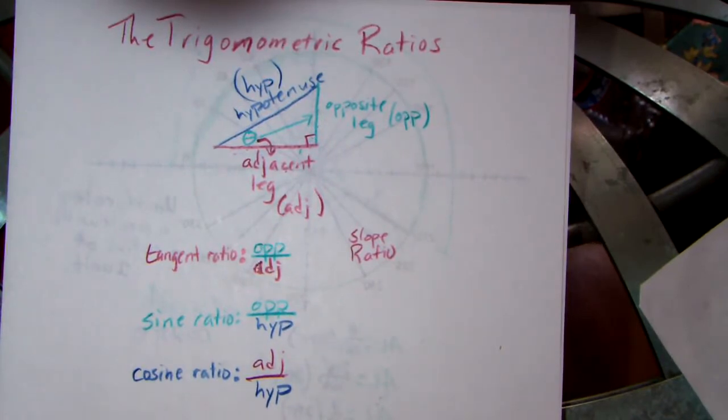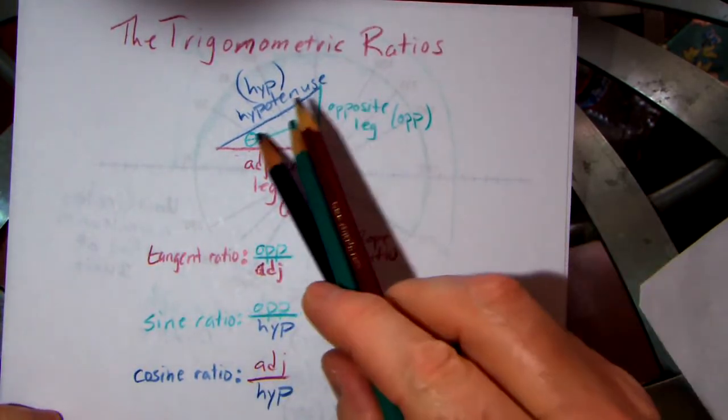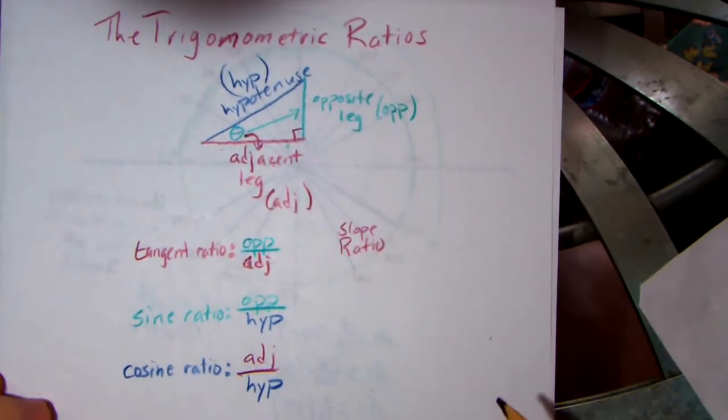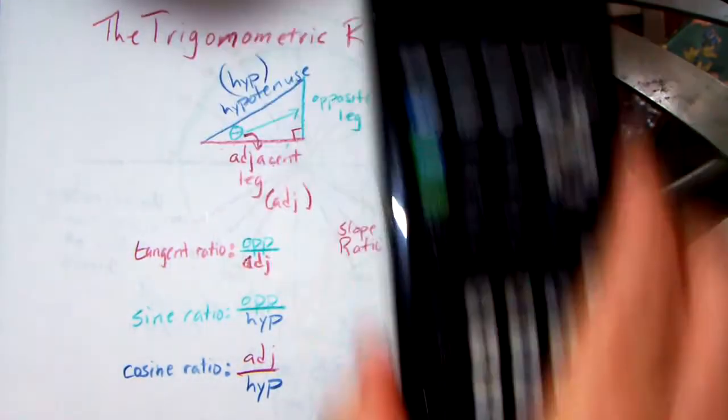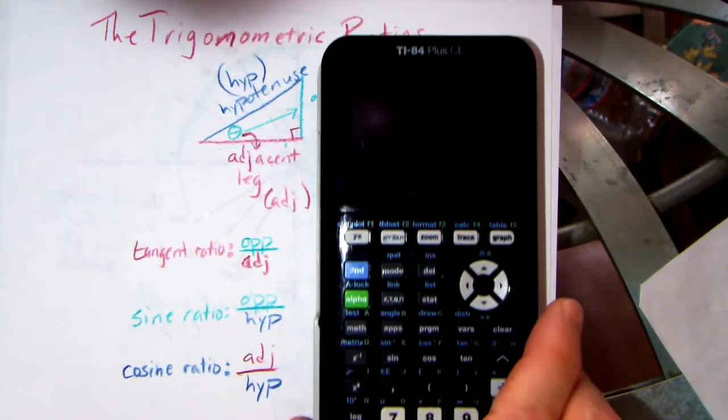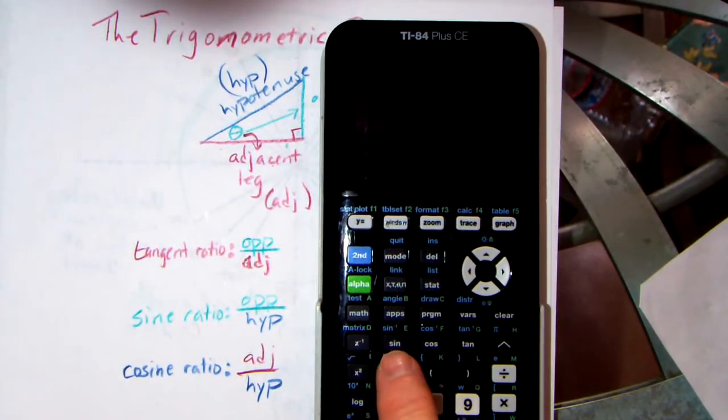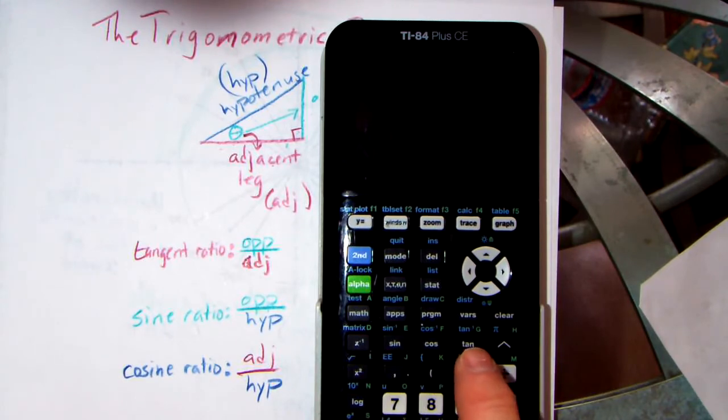So these three ratios come up over and over again in studying right triangles. And so we can start using these to start answering questions about the right triangle. And that's where the calculator comes into play with the sine, cosine, and tangent buttons.